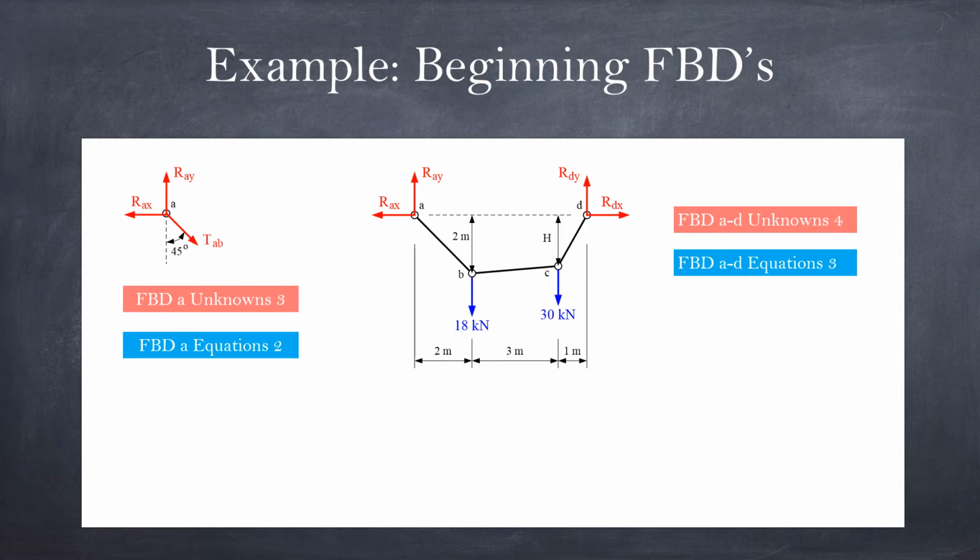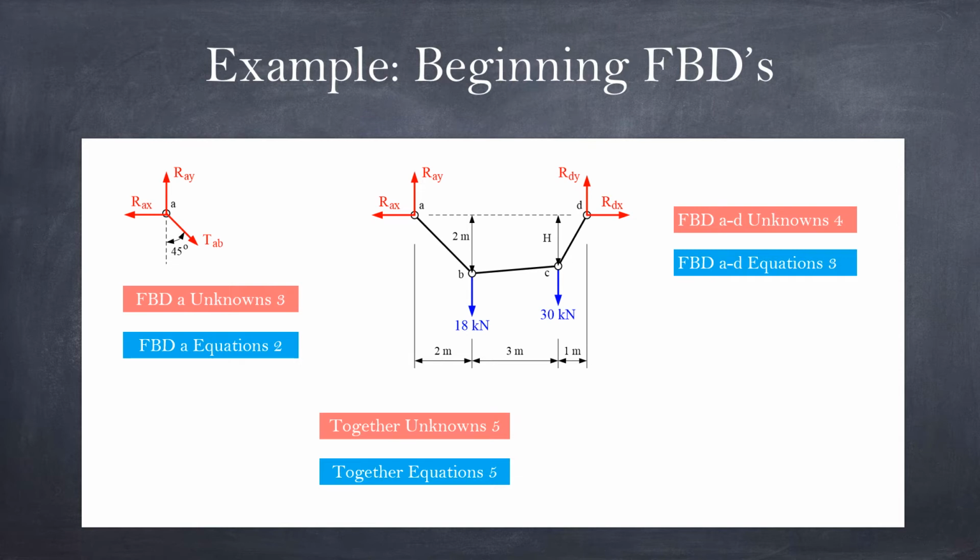If we count these 2 pictures together, because RAX and RAY are the same on both pictures, in fact we have a total of 5 unknowns: RAX, RAY, tension in AB, RDY, and RDX. So 5 unknowns, 5 equations. If we use 2 free body diagrams, then we can solve all 5 unknowns.